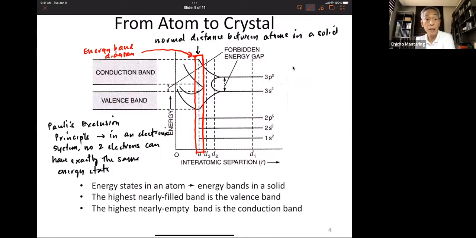This thing on the left is an expansion of this red thing. So we're just taking the energy profile here at A, and we expand it into what you see here on the left, and that is called your energy band diagram.